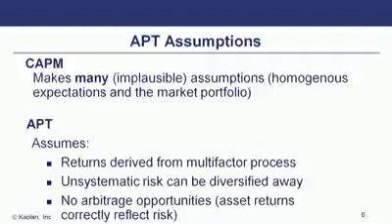Like we alluded to earlier, the APT only makes 3 assumptions. That returns are derived from this multi-factor process, that unsystematic risk can and will be diversified away, and that arbitrage opportunities are going to eliminate any mispricing. So we make 3 assumptions here in the APT that seem reasonable, and what we get is this multi-factor model.